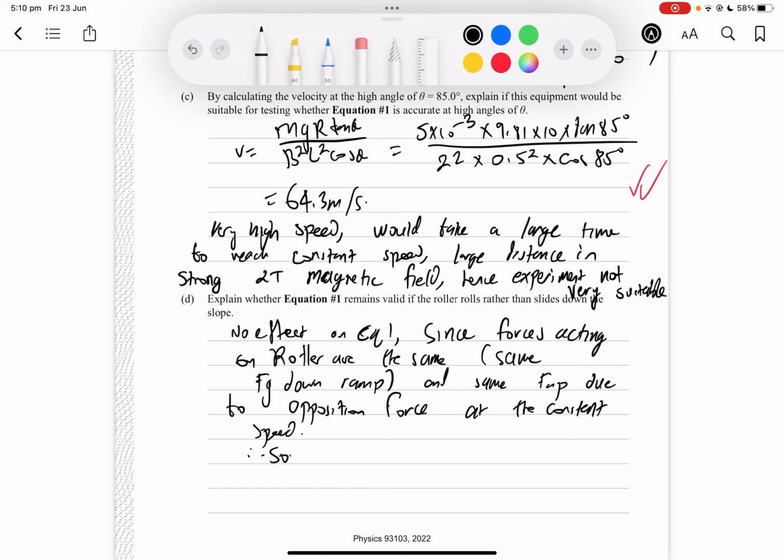We can say that some energy is converted into rotational kinetic energy, rather than linear.